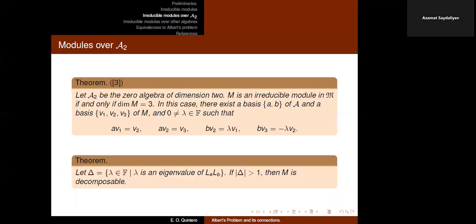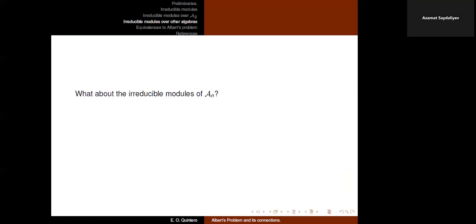Furthermore, if delta is the set of eigenvalues of the application L_a, L_b, and the quantity of elements of that set is greater than 1, then M is a decomposable module. So the irreducible modules for A2 are determined, but what about the irreducible modules for A_n?